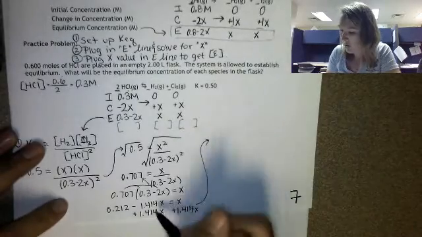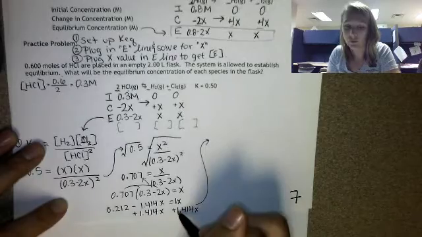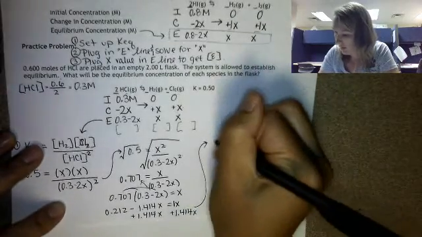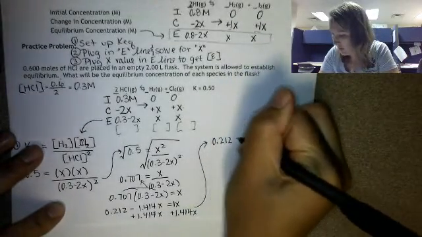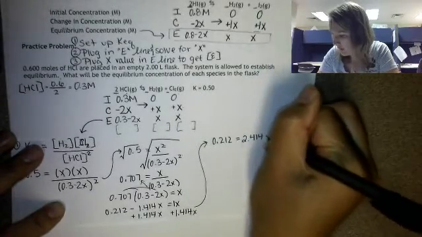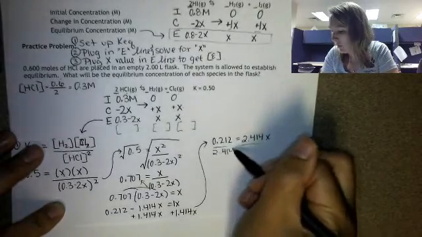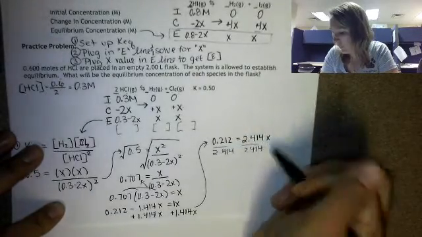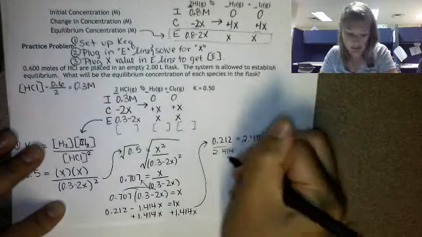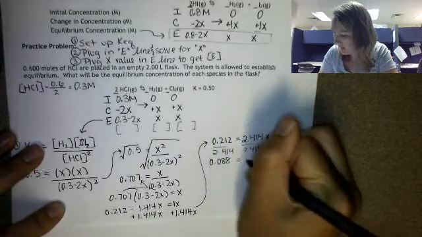When I add it to both sides, this is 1x plus 1.414x. So 0.212 is equal to 1 plus 1.414, 2.414x. Divide both sides by 2.414. And I get 0.088 is equal to x.